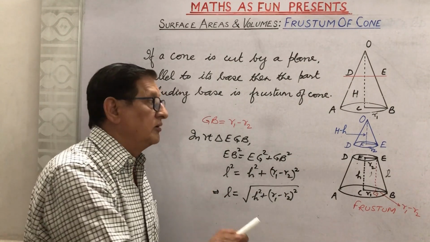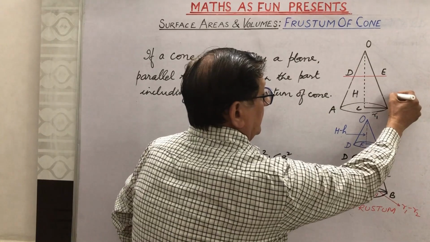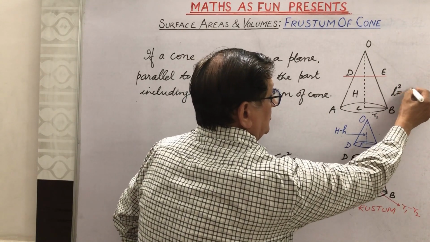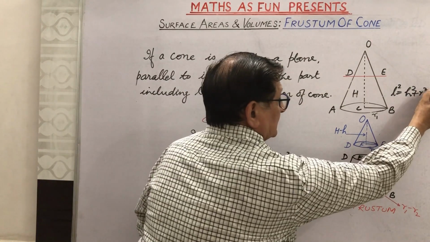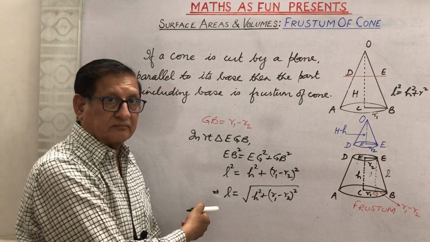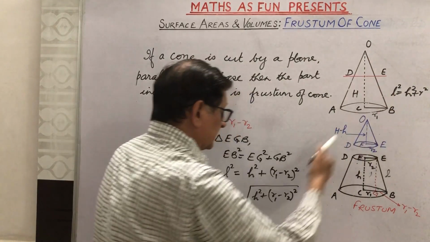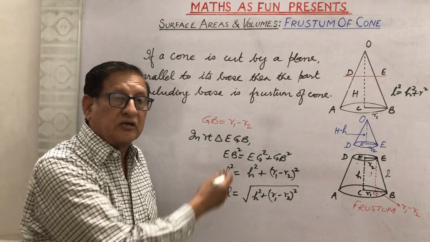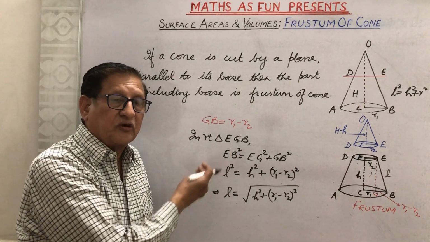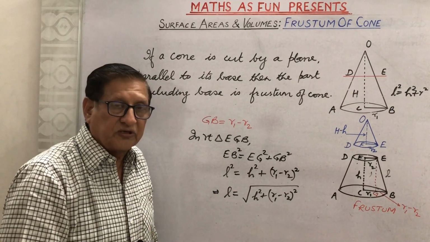See, if you remember, in the cone we were finding L square was equal to H square plus R square. So what is the difference we are finding here? That in place of R square it is R1 minus R2 whole square. This way we can remember the formula easily to find out the slant height of a frustum.